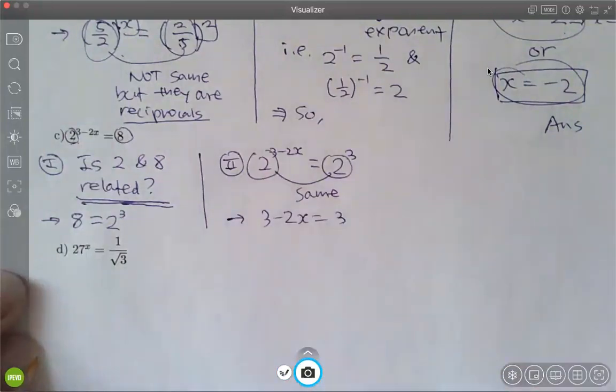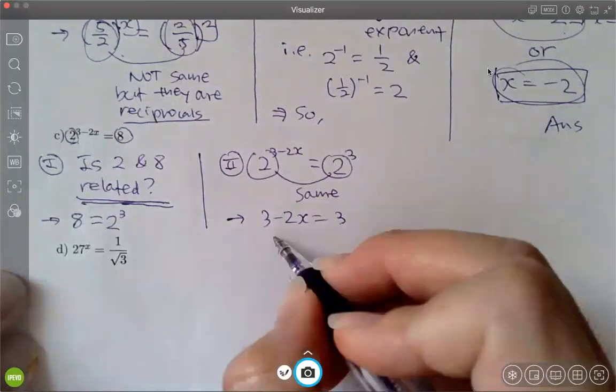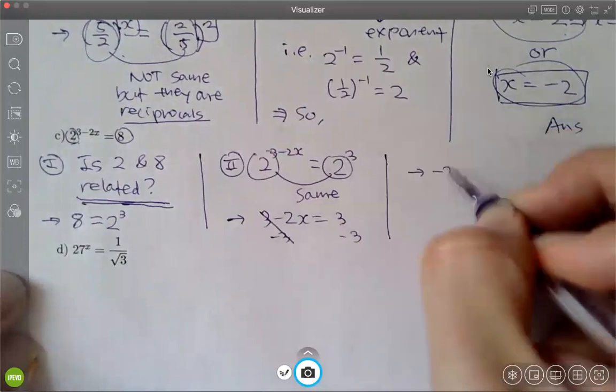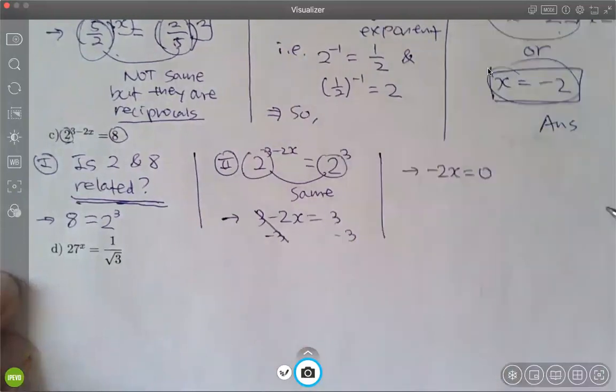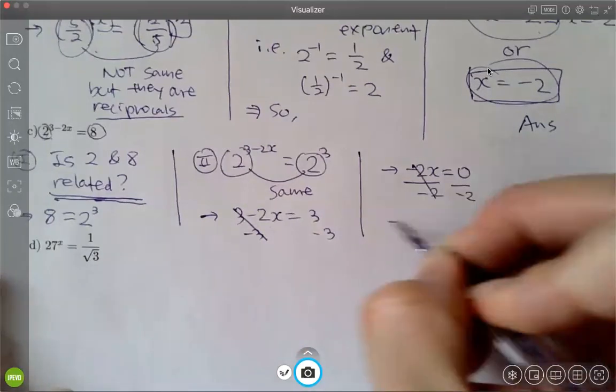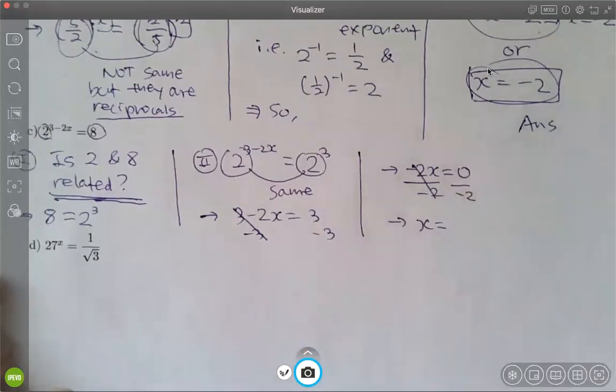Okay, so solve this equation. So subtract 3. Okay, so that means you have -2x is equal to 0. Divide by -2. So x is equal to 0 over -2.